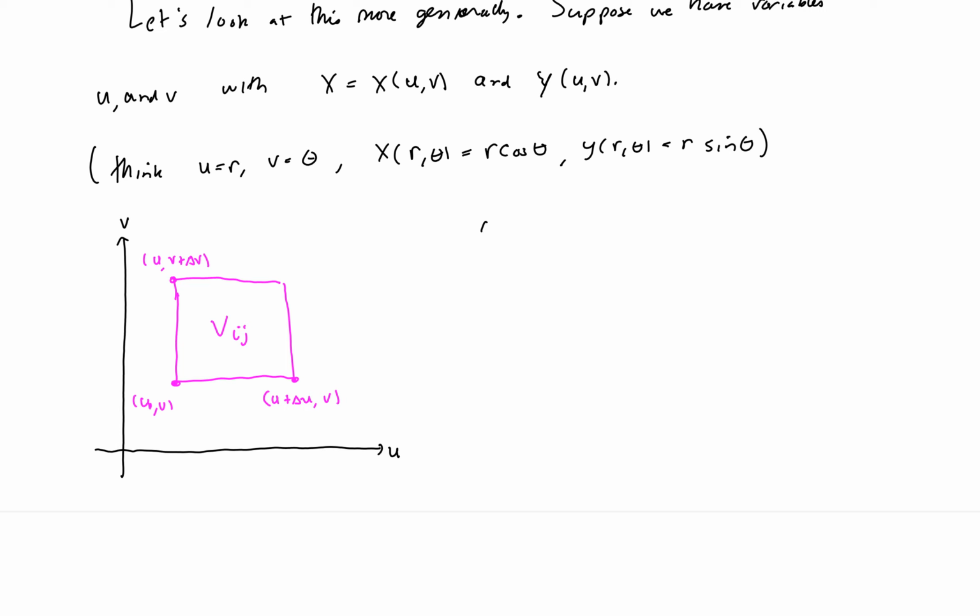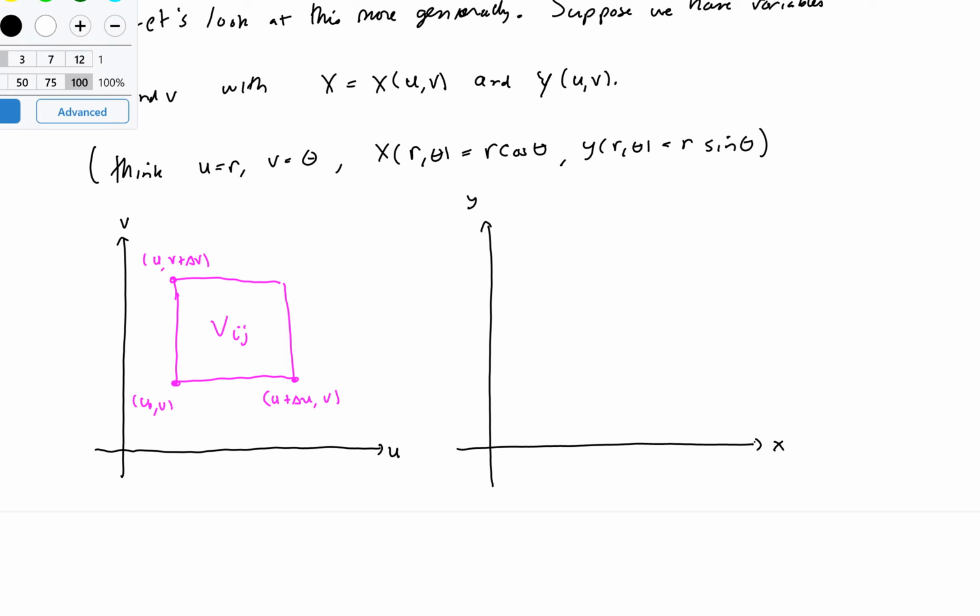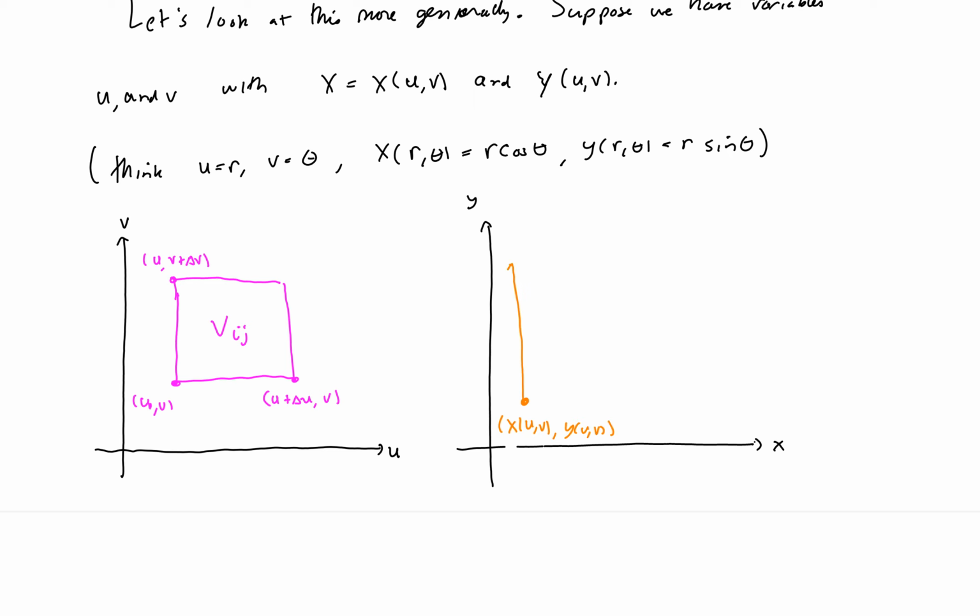And now we can look at the corresponding region in the XY plane and see what this looks like. So let's maybe give this a different color. And so we're going to start down here at this point. Sorry, this is x of uv, y of uv. And then maybe this goes up somewhere here.